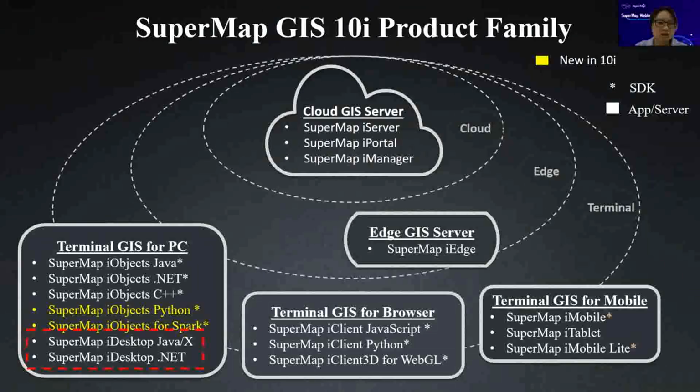And here we see the iDesktop is one of the terminal GIS for PC, and there are two types of iDesktops. The first one is iDesktop Java, or we call it iDesktop X in the 10 version.